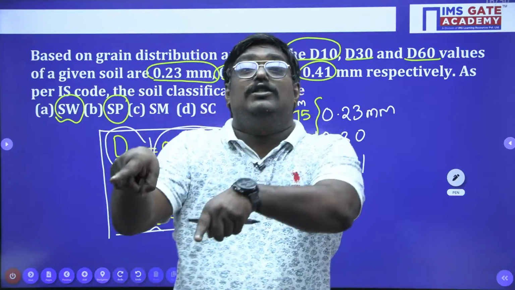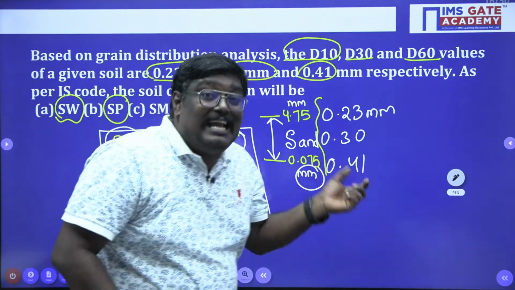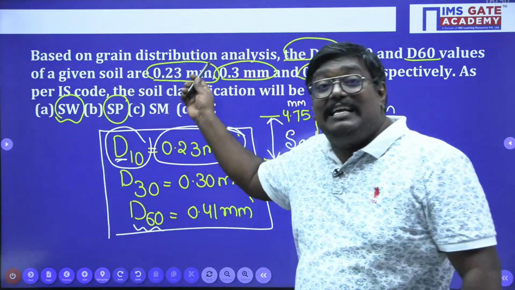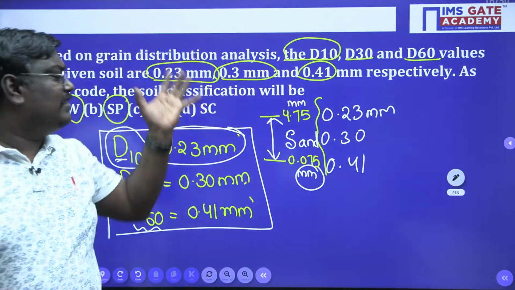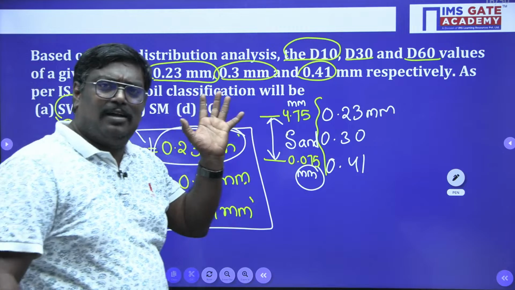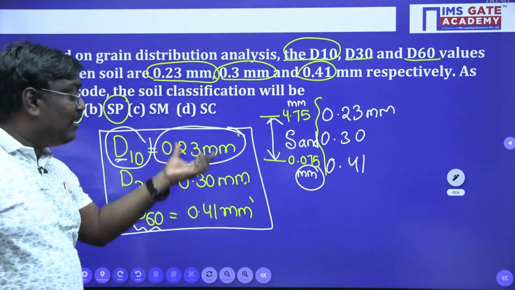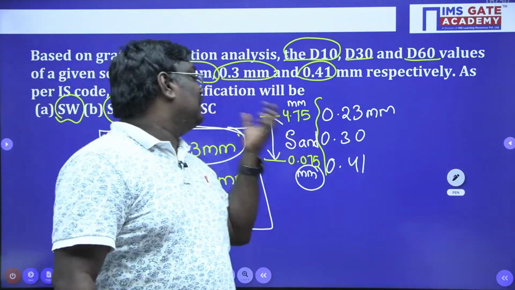If you know those values only, we can talk about clay or silt. But here it is clearly given in the problem that they are D30, D10. Srujana, are you agreeing with me that it is sand? How many of you agree that it is sand? Please comment. If you see the sieve sizes, it is evident that it is sand.